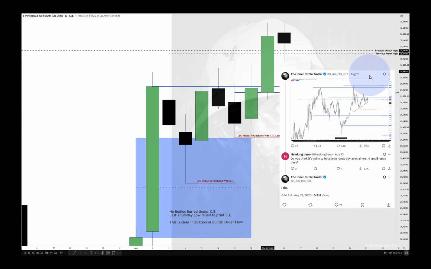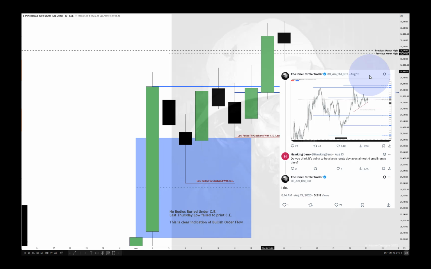Think about that. If it's going to do these types of things, I'm clearly indicating, in no uncertain terms and with very specific terms, no ambiguity, that I'm looking for higher prices.